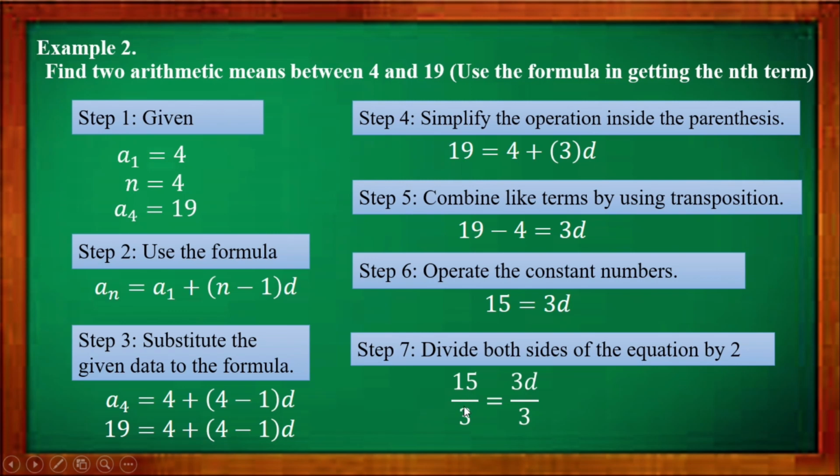So 15 over 3, 3d over 3. Then perform the cancellation. 15 divided by 3 is just 5. Then cancel. The remaining term here will be d. So the value of d, or the common difference, is now 5.